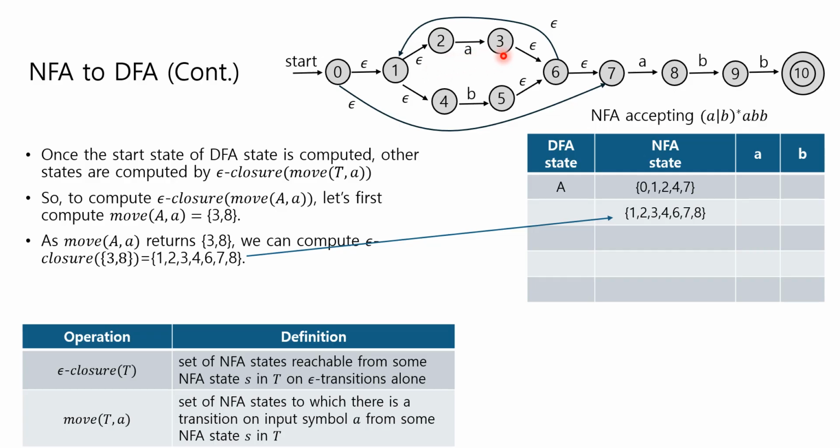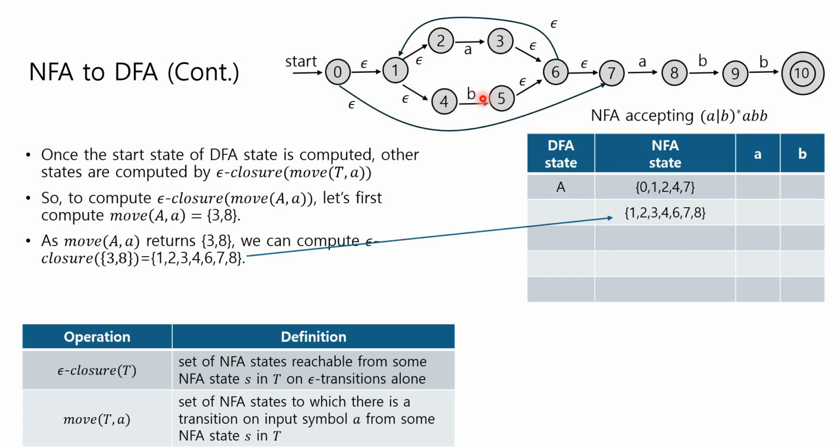And 3, no, you cannot reach 3 on epsilon transitions alone. Actually, let me repeat that. You can reach 3 from state 3 on 0 move. So we add state 3 as well. And in the case of state 4, you can reach state 4 on epsilon transitions alone through state 3 to 6 to 1 to 4.